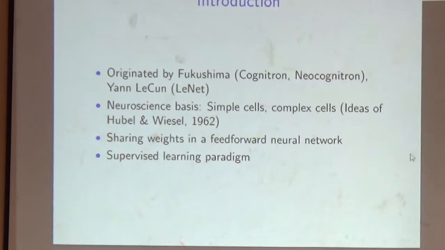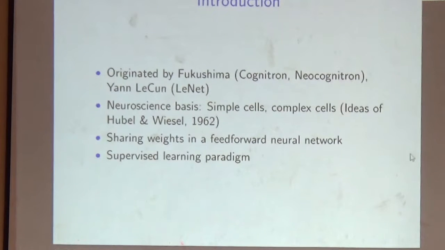So if you open up the journals of pattern recognition and you see the old issues, you will spot in the 1980s, I think somewhere around 1986, a network which was named as neocognitron by Fukushima. And there was a guy called Yann LeCun at New York University.